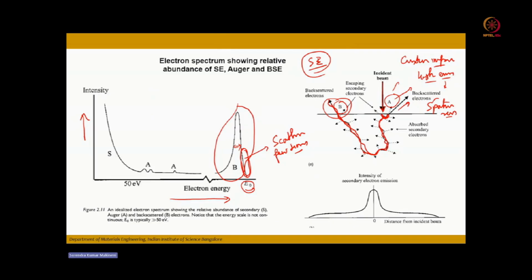When a backscattered electron travels and comes out of the surface, it may have sufficient energy to knock out secondary electrons again from the sample surface. These are SE2, and the initial electrons are called SE1. So SE2 are the electrons coming out of the sample surface or sample atoms due to the backscattered electrons coming out.